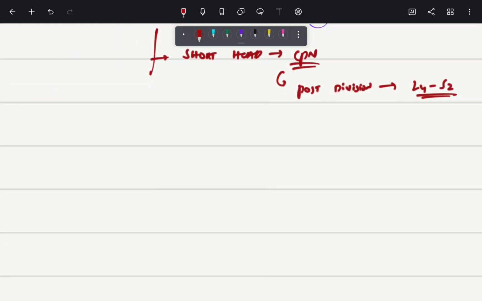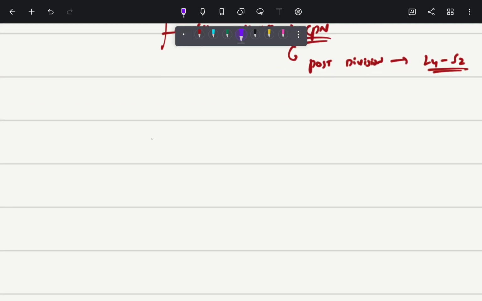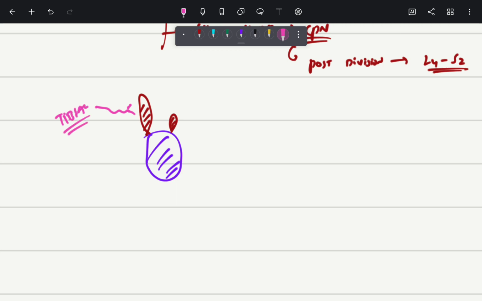Suppose this is the biceps femoris muscle, it usually has the long head and the short head. So the long head is supplied by the tibial nerve and the short head is supplied by your common peroneal nerve.